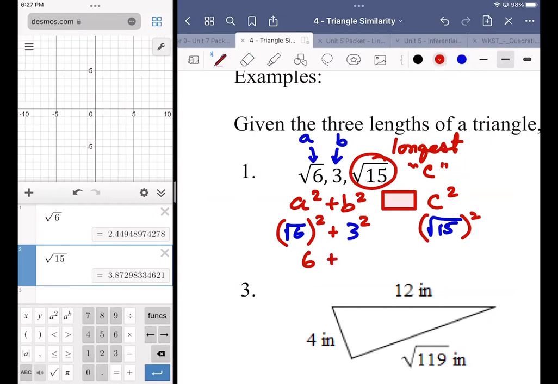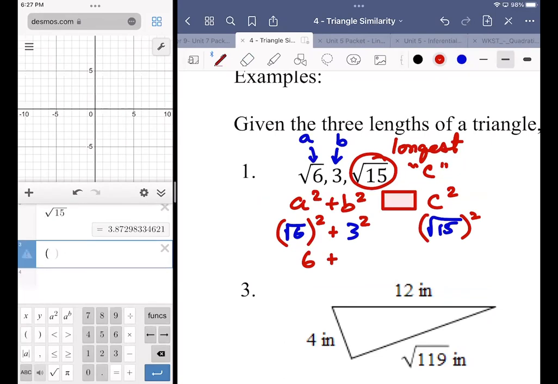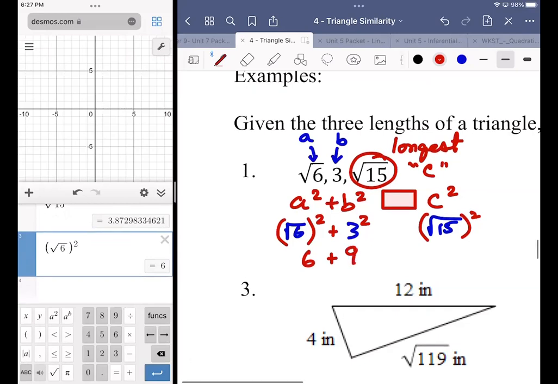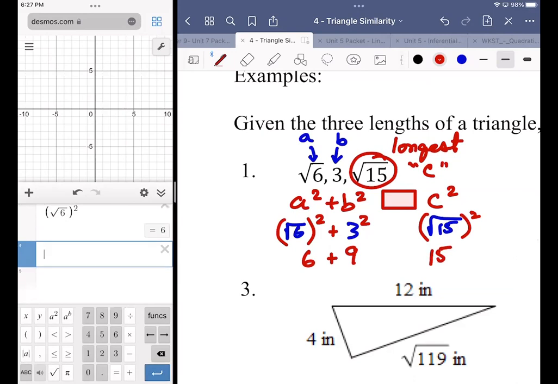If you're not sure, you've got a calculator: type in radical 6, close it up and square, and it shows you a 6. Then 9, and radical 15 squared is going to be 15. Again, just in case you're not sure, pop it in.